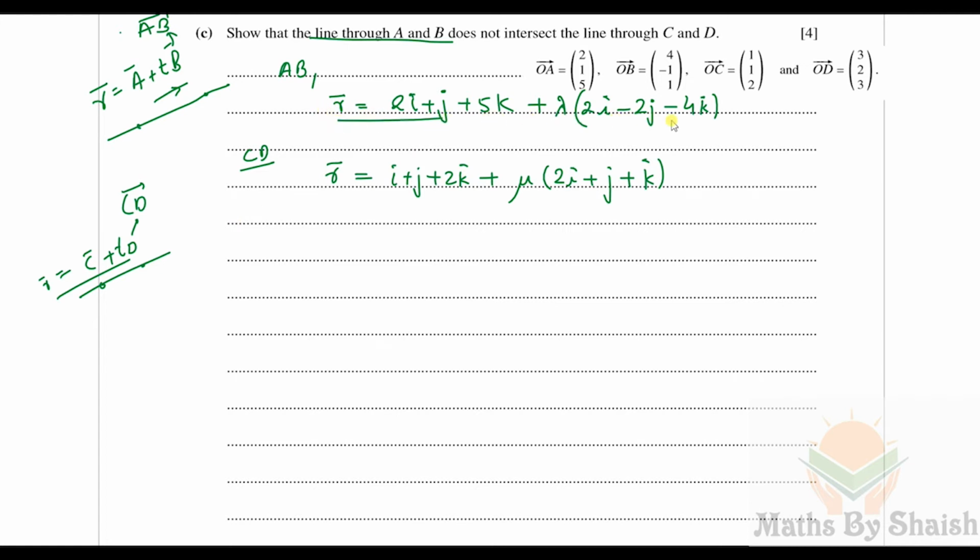It would be 2 plus 2 lambda i cap plus 1 minus 2 lambda j cap plus 5 minus 4 lambda k cap is equal to 1 plus 2 mu i cap plus 1 plus mu j cap, and the last one is 2 plus mu k cap.